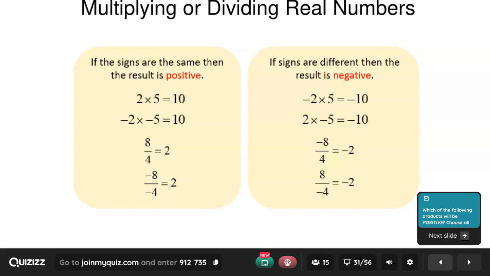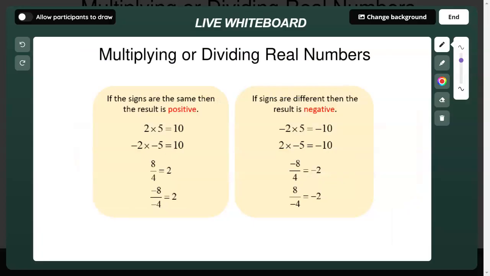The other thing to note is that this has to do with two numbers. Two numbers. If you add in a third number, you have to figure out what the sign will be from your first product and then look at that and the third number to see what the result is going to be.